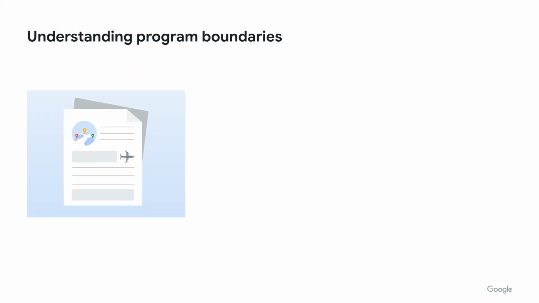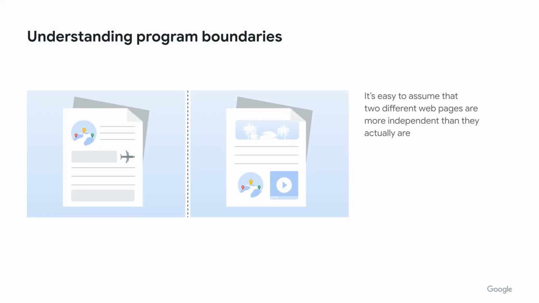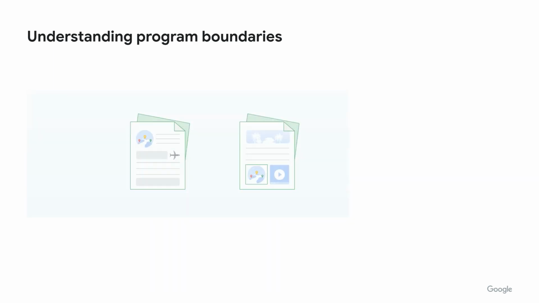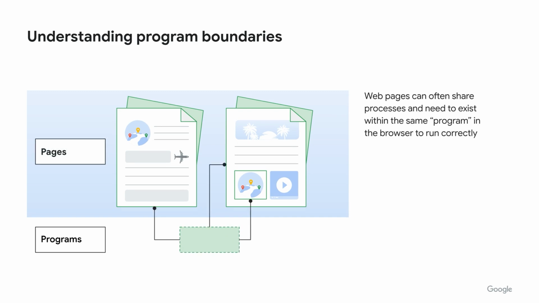At first glance, you might think that a program on the web refers to a single web page, but it's easy to assume that two different web pages are more independent than they actually are. For example, even though two pages might exist in different tabs or even windows, they might still share processes and exist within the same program within the browser, which allows them to directly share information and objects.